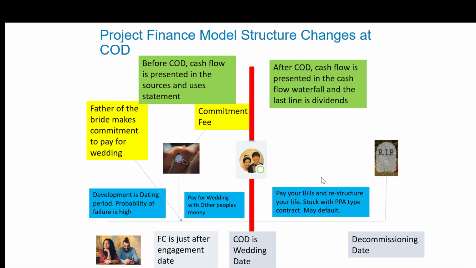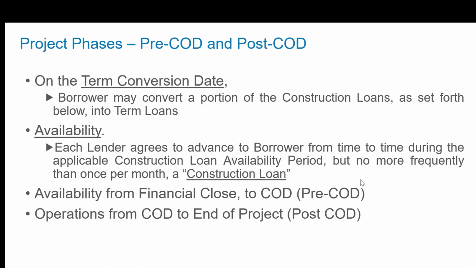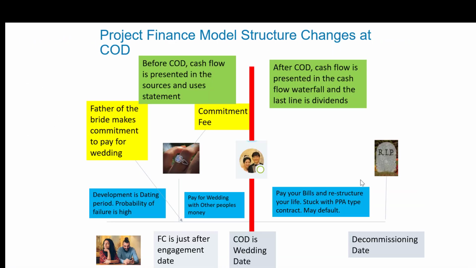And then after that, the risk goes down, whether it's a crappy situation or a good situation, you know what's going to go on. Okay, maybe you have to do something about it. And at the end, you're finished. You don't just keep going on and on and on like a corporation. That's project finance.